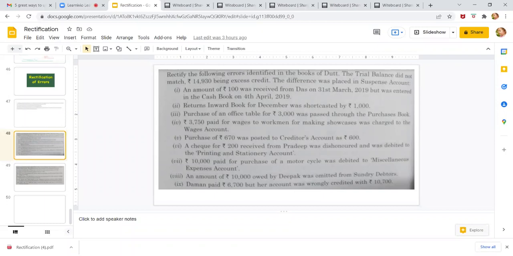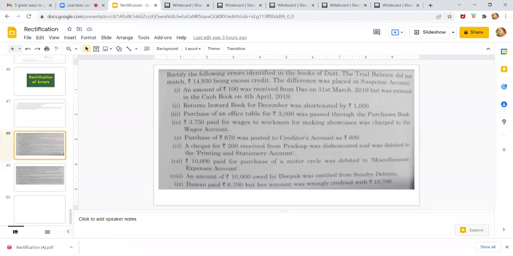In seventh, it's drawing account debit to miscellaneous expenses account credit with the amount of 10,000. Yes, very good.